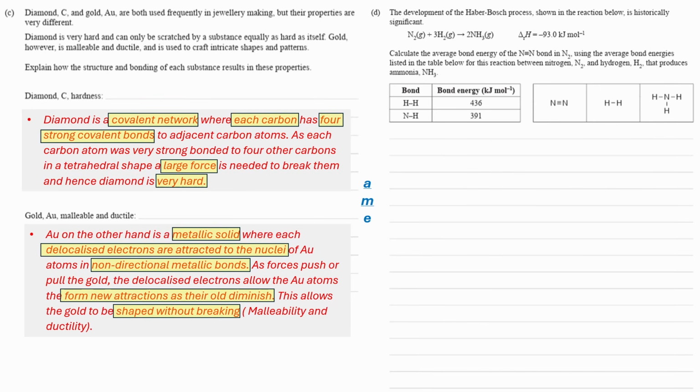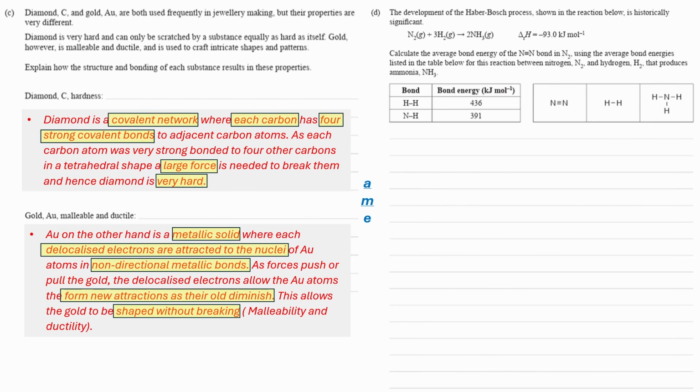Calculate the average bond energy of the nitrogen triple bond in N2 using the average bond energies listed. Now, in this type of question, they're always going to list the bond energies you need to carry out your calculation, and they're always going to draw the structure of the molecules so you can identify the bonds that have been formed or broken.